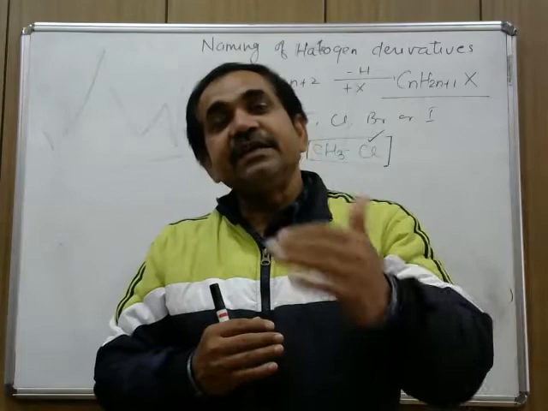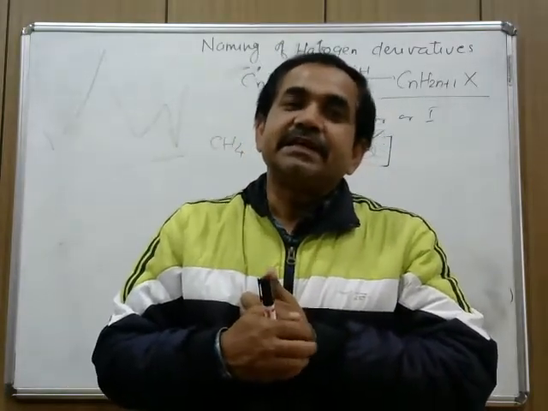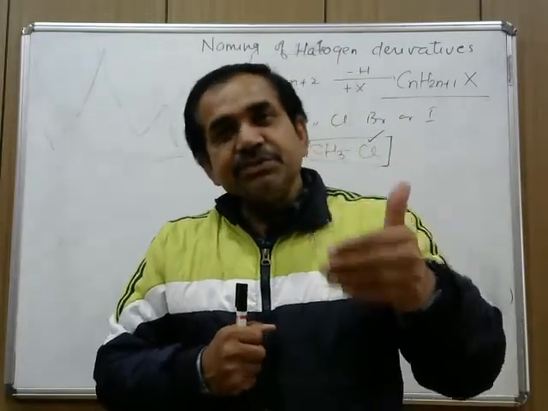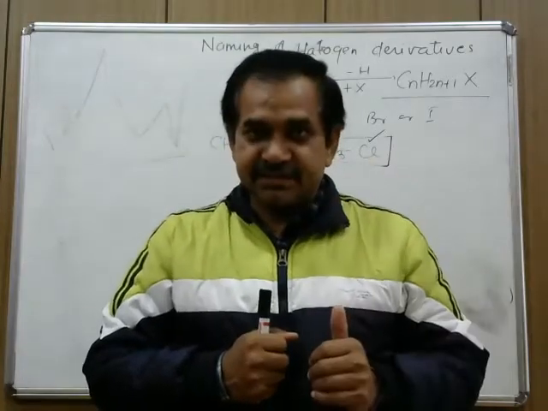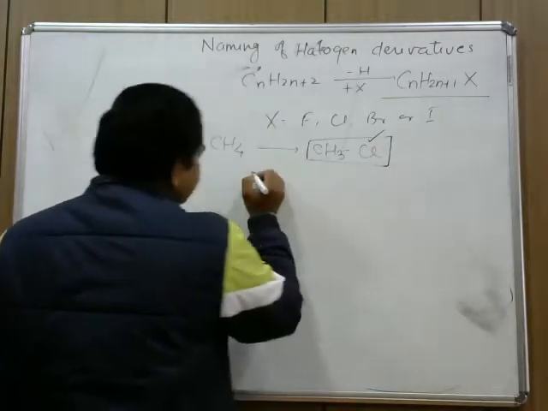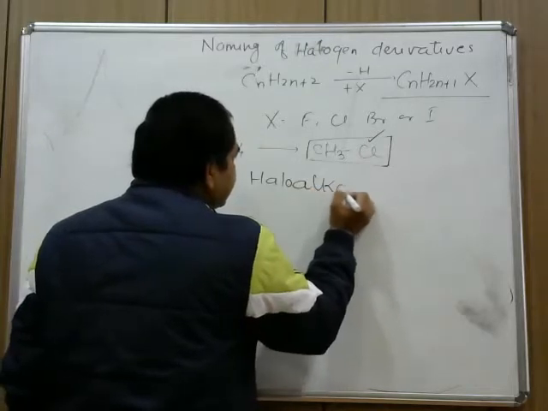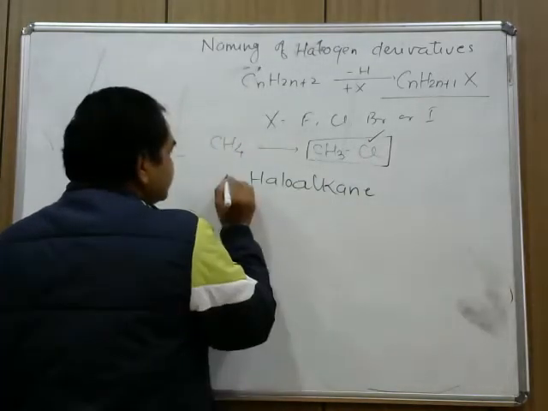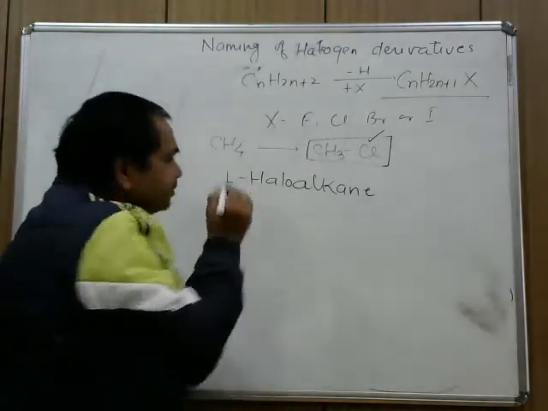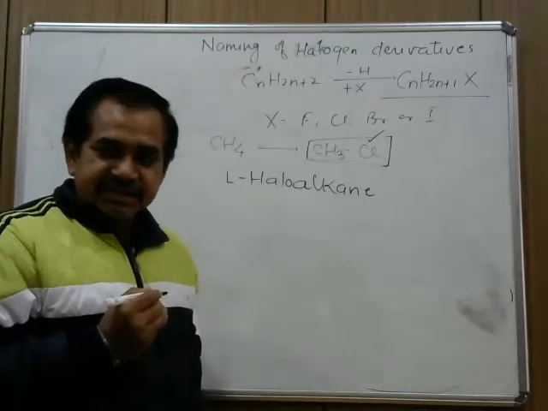That means, while writing the name of a halogen derivative, the halogen atom is used as a prefix, and in the IUPAC system it is named as L-haloalkane, where this letter L represents the locant, the position of the halogen atom.